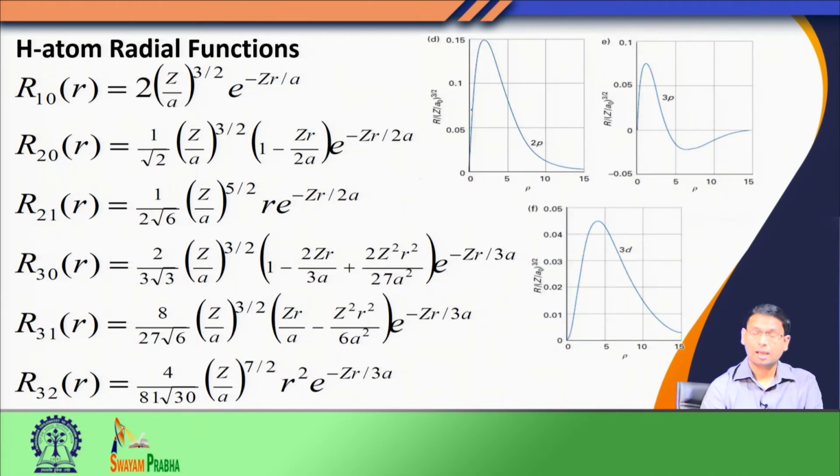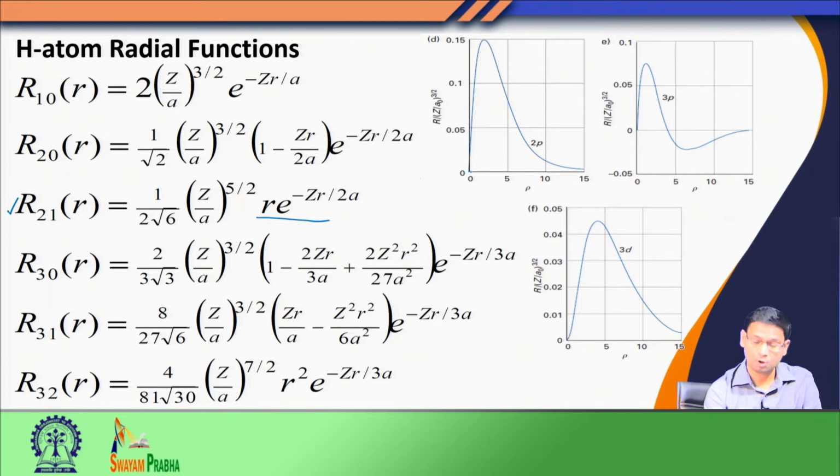Here I am showing the radial functions for the 2p orbital, 3p orbital and 3d orbital. Let us first look at 2p. 2p is given as this function. We have just derived the functional form of this, leaving aside the constants. We see that we have r multiplied by the exponentially decaying function.